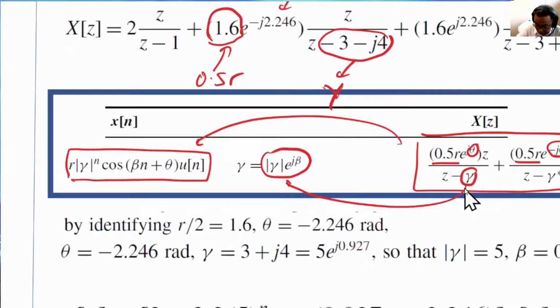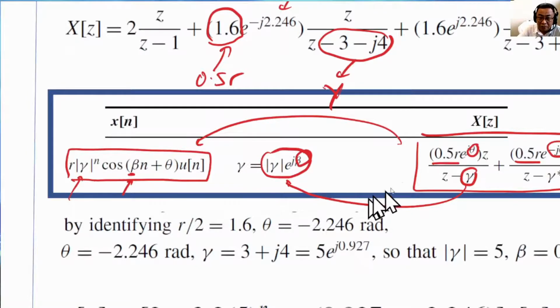xc. So let's substitute. So beta is here. It is the frequency of the signal, radians per sample. How many radians per sample? What about the other gamma? Absolute gamma is here. So these two values are absolute gamma to the power of n and beta times n.